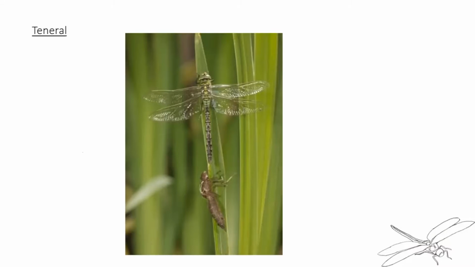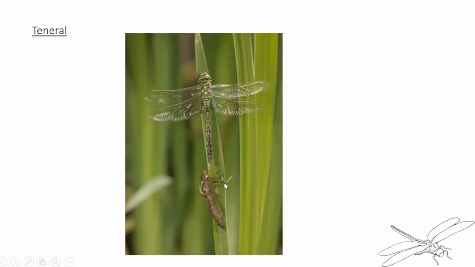It's the final larval stage, so it finds a suitable plant growing out of the water and it climbs up that plant. It may actually move inland 2 meters or so and climb up the reed there or a plant to get to a position. When it gets into that position, the first thing that happens is the legs lock onto its support.